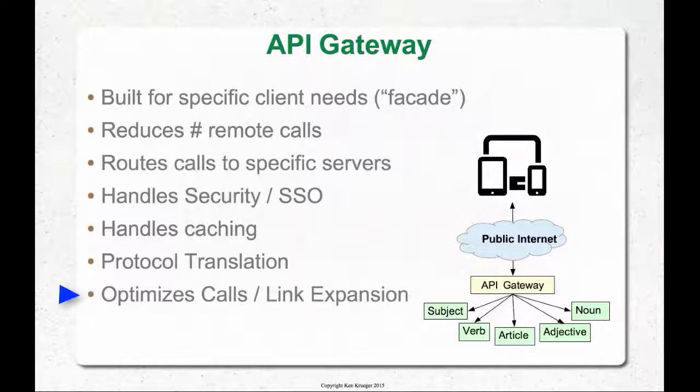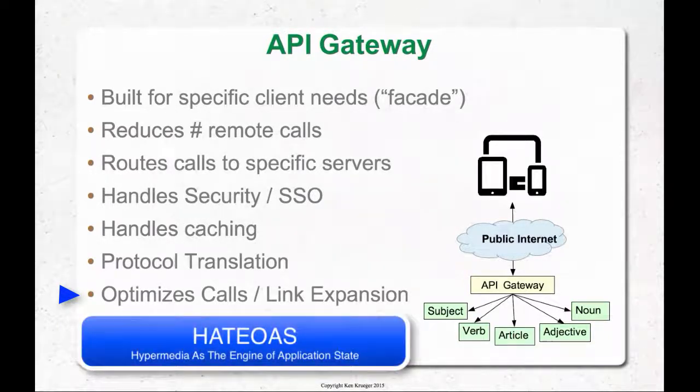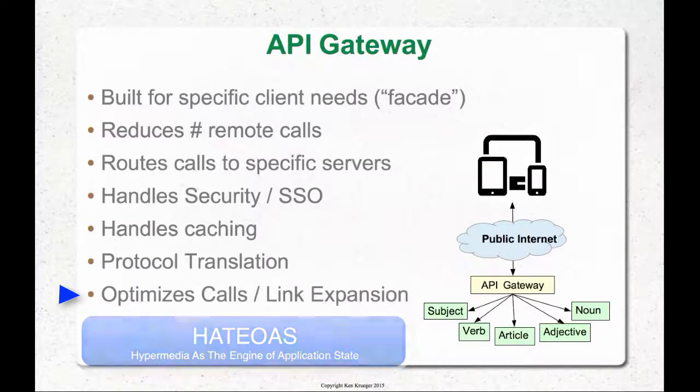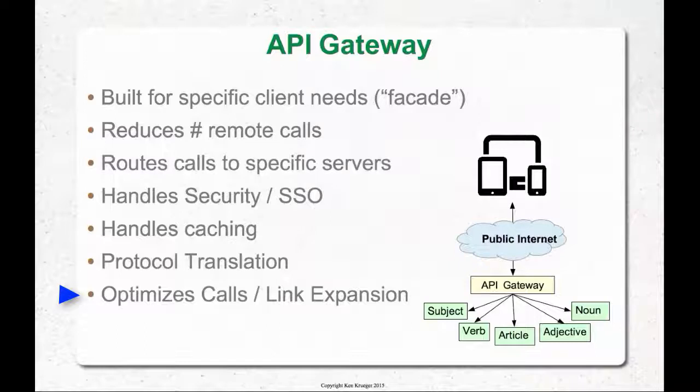The API gateway can also optimize calls to the backend API by expanding hyperlinks found within RESTful resources. Many times, if we are following RESTful principles correctly, we're doing something that we call HATEOAS. Now, HATEOAS stands for Hypertext as the Engine of Application State. And what that means is our microservices send links to related resources.